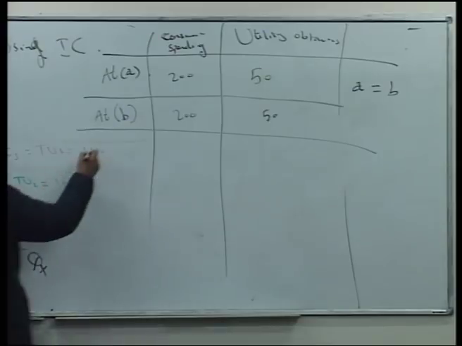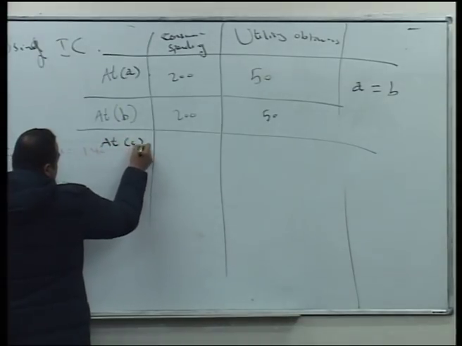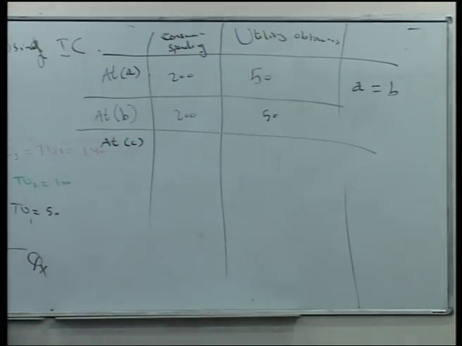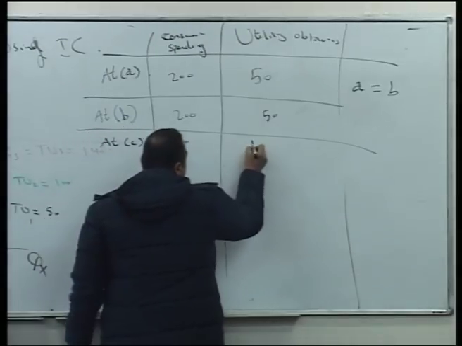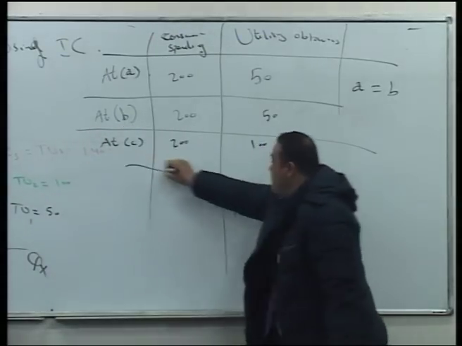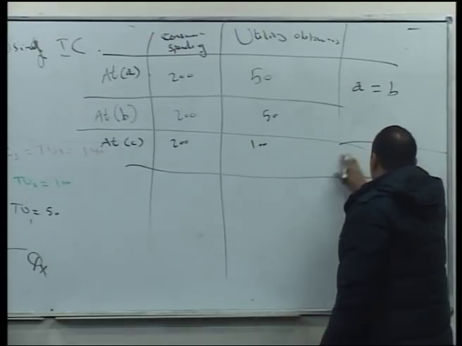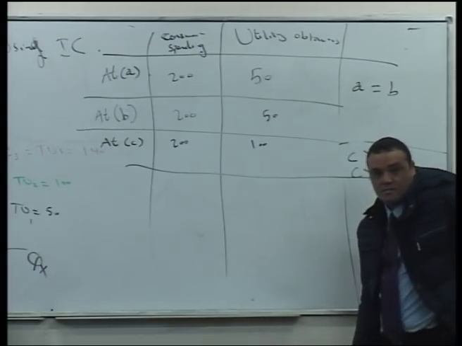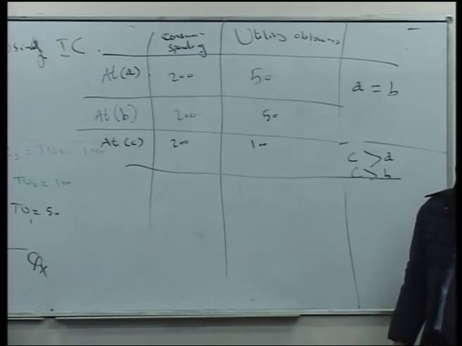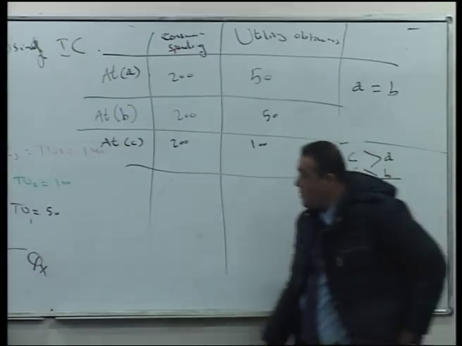At C, he spends $200 to get 100 utils. So point C is better than A, C is better than B. صح؟ طيب, what about point D?